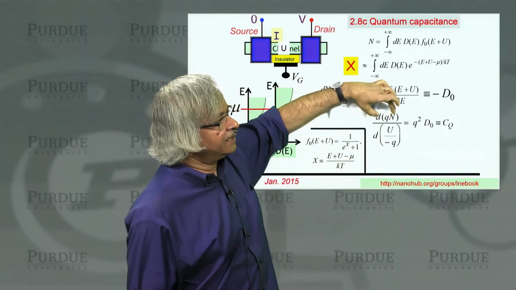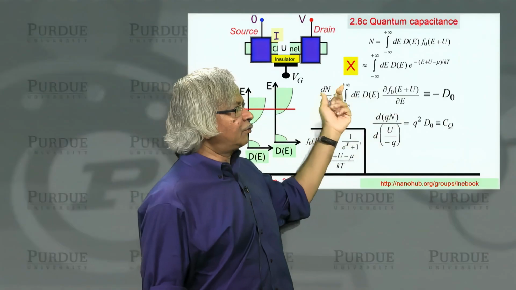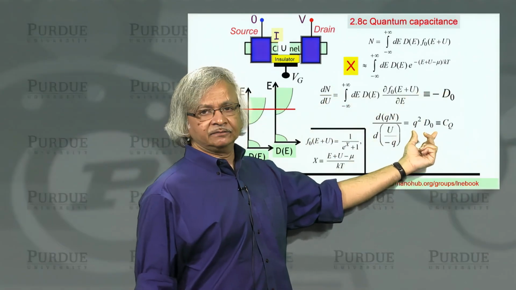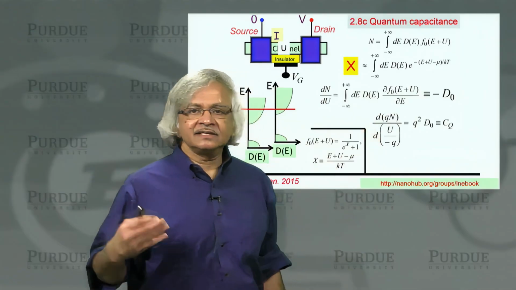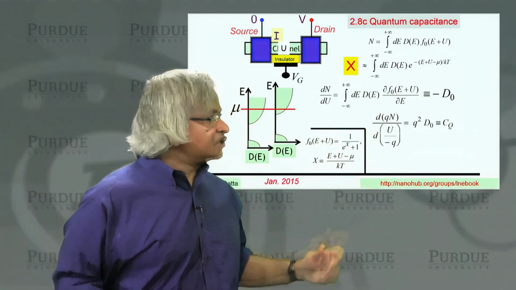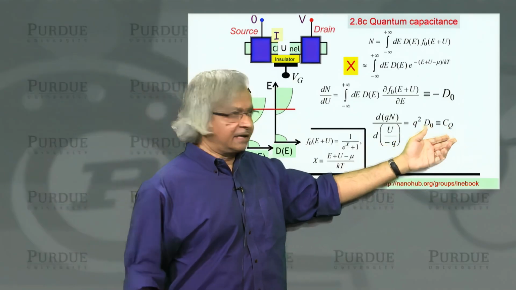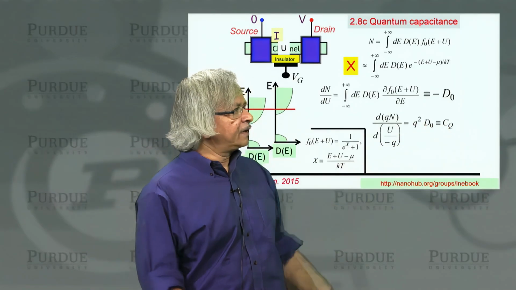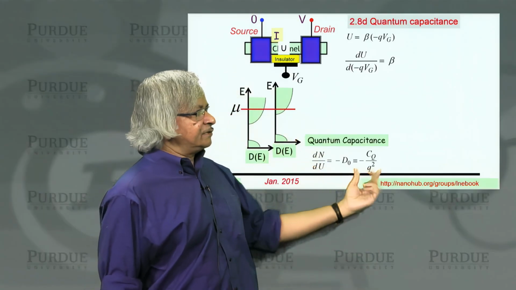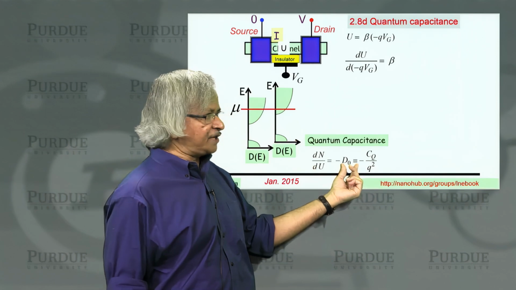So this is like a dQ/dV, right? And so if that quantity is D0, this quantity is like q squared D0. And dimensionally it is like capacitance, because it's dQ/dV, see? So that is what is called the quantum capacitance, and I'll try to explain a little further. Now, you have this quantum capacitance, which is related to D0, the average density of states.